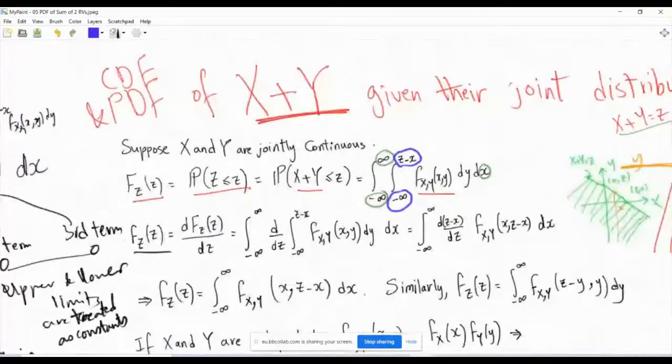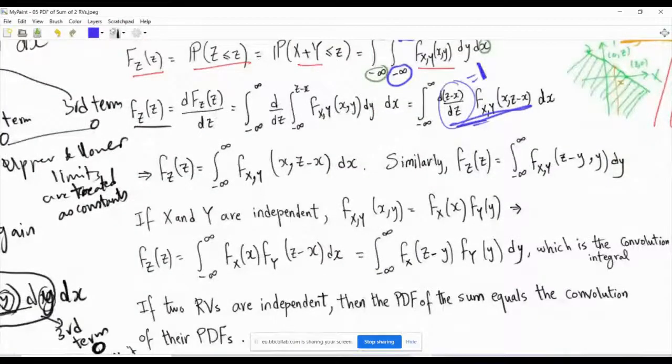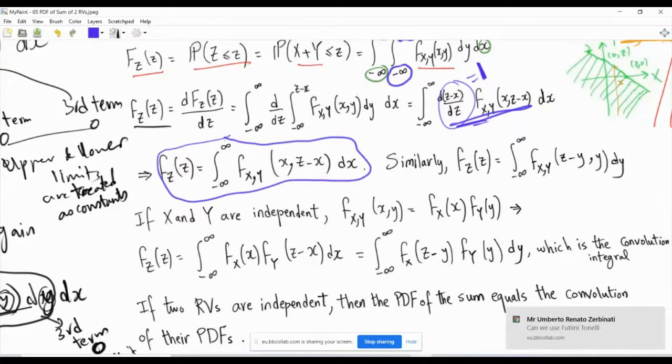You end up with this term here, and the derivative of z minus x with respect to z, which is a linear function in z treating x as a constant, is equal to 1, and we get this result. Very important result. It's a very fundamental result in probability and statistics.